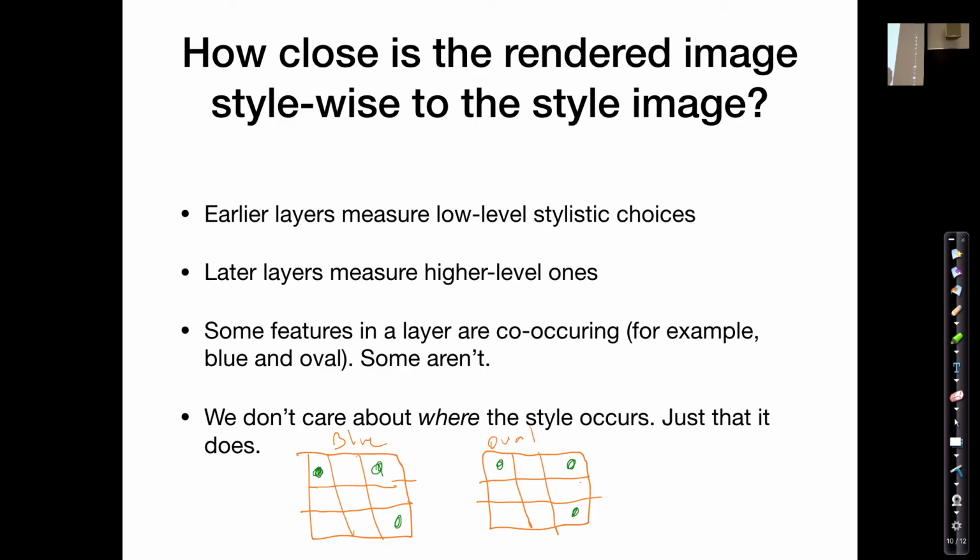Because they occur only when the other one occurs. If we had a missing oval here, then we'd say blue and ovals mostly occur together. So when you see an oval, you see blue. When you see blue, you see an oval, for the most part. It's not as high as it was here. And this is kind of what we're going to capture: for every pair of features, how do they co-occur with each other?